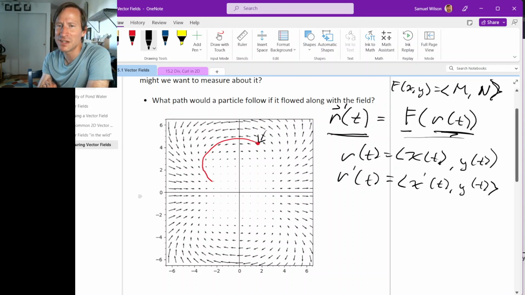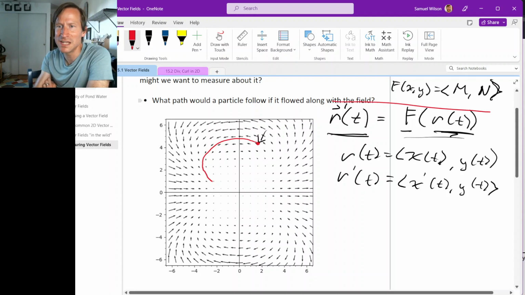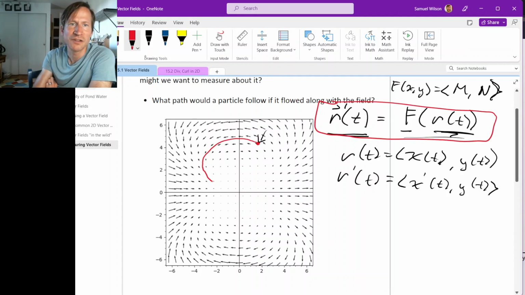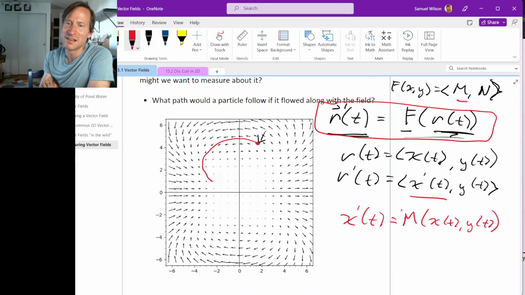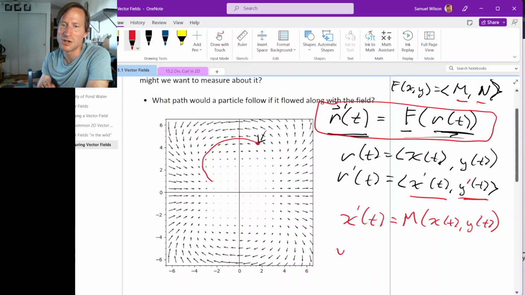Then this equation that we wrote down right here, if we compare x coordinates, it's saying that x prime of t has to be equal to m of x of t, comma, y of t. And looking at y coordinates, it says that y prime of t equals n of x of t, y of t.